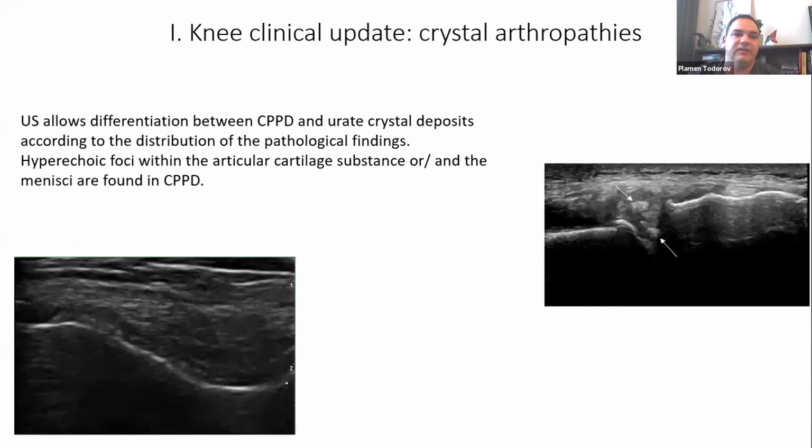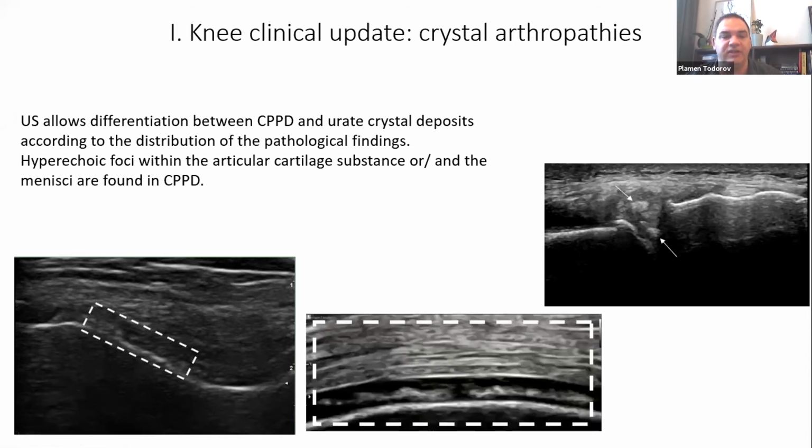But in CPPD, there are hyperechoic foci within the articular cartilage substance and the menisci, like these hyperechoic dots here in the medial meniscus, and also here inside the cartilage, we can see these dots. And if we magnify this image, then we can see the hyperechoic foci inside the cartilage layer.